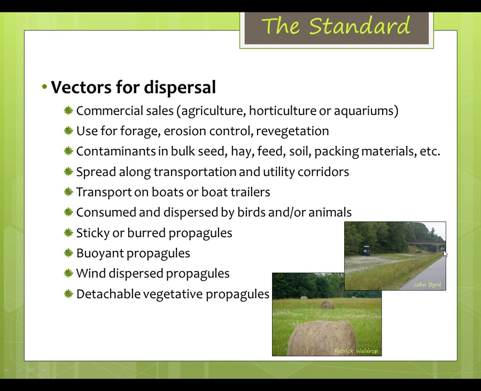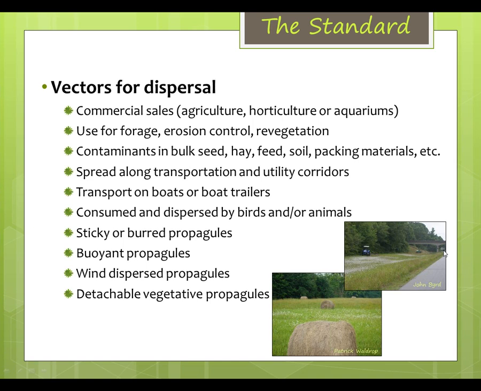Vectors for dispersal includes whether or not the species is still available for sale commercially, either agriculture, horticulture, or aquarium trade, whether the species is still used for forage, erosion control, or revegetation.